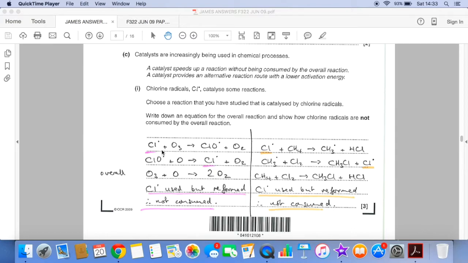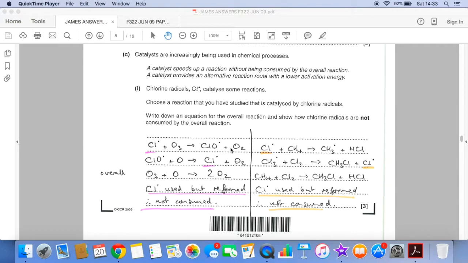Now, to show the chlorine radical acting as a catalyst, good idea to put the 2 propagation steps in there. So we've got the chlorine radical reacting with ozone to produce the ClO radical and an O2 molecule, and then that ClO radical feeds into the second propagation step, reacts with an uncombined oxygen atom to reform the Cl radical, and another mole of O2 is produced.